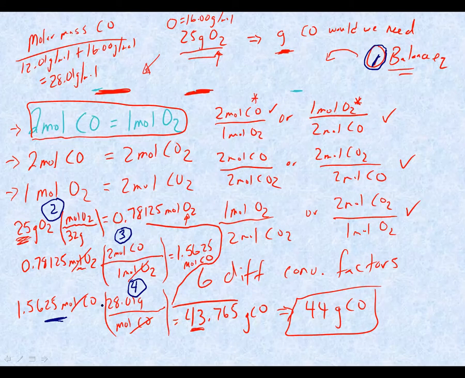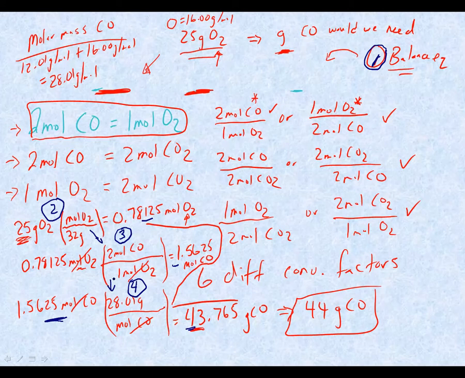Now, just so we're clear as well, you don't have to do the calculation part step by step and get an answer. You can just do it in one big calculation where you put all the steps together and just get the answer at the end. That's perfectly fine.